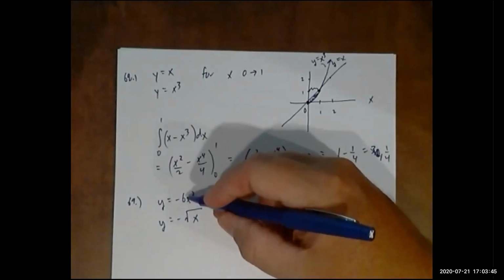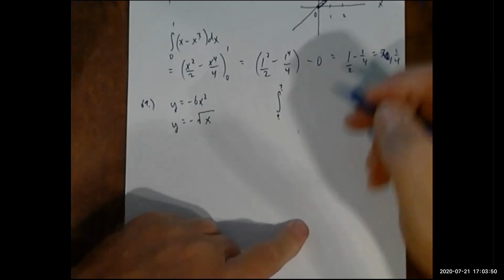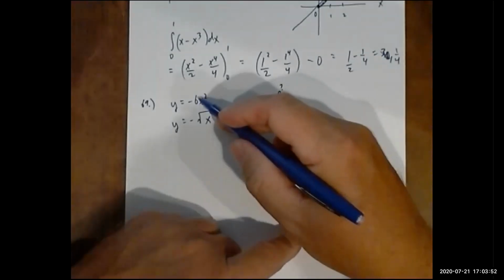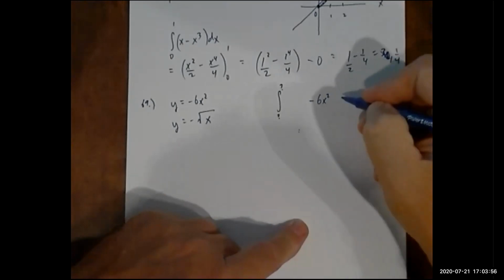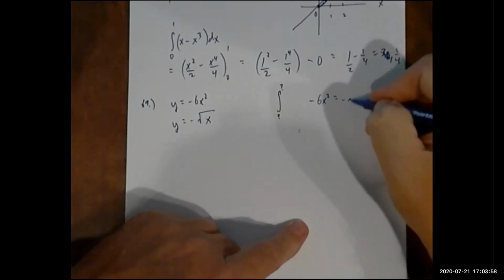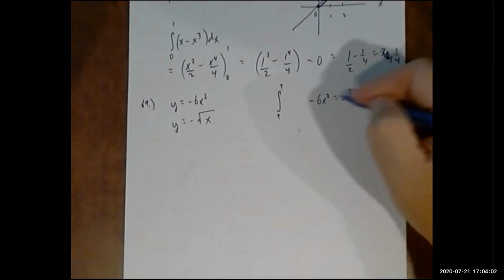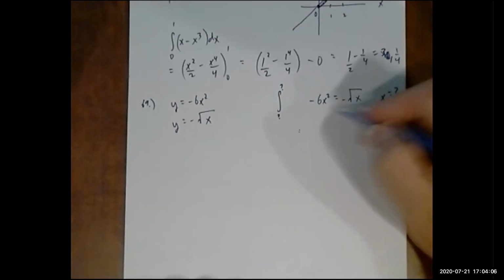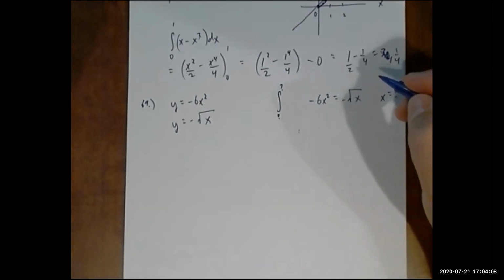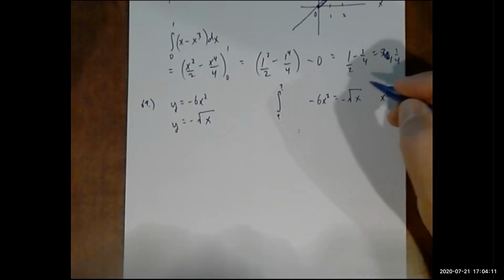Well, they don't tell us where these intersect. One way to do it mathematically is you actually set these equal to each other and solve this equation. If I solve this for x, this should tell me the values of x where these intersect.